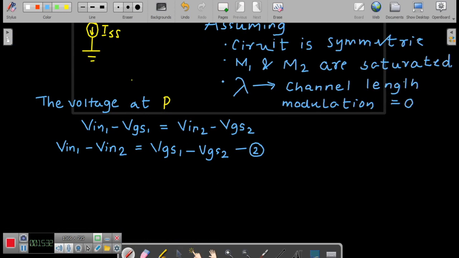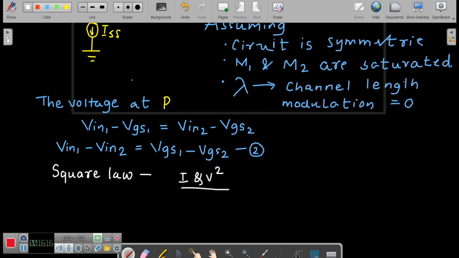Now we have something called the square law. As per the square law, either the voltage or current will depend on the square of the other parameter, right? So that means I can have, as per the square law, current proportional to voltage square here, right? I don't know whether you have come across this square law in the basic BJT operations or not, but please take it like this.